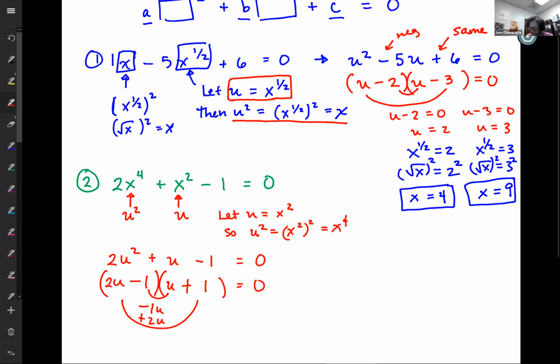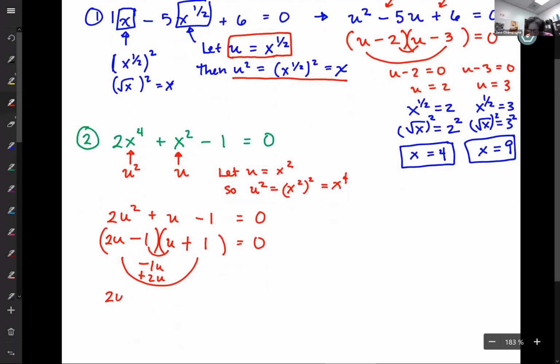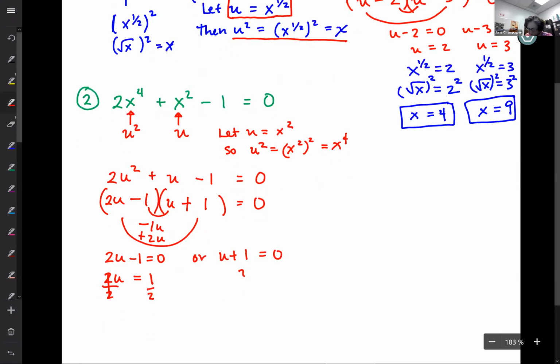Okay, so now we set each factor equal to 0 and solve for u. Adding 1 to both sides, 2u equals 1, divide by 2, u equals 1/2. And over here, subtract 1.